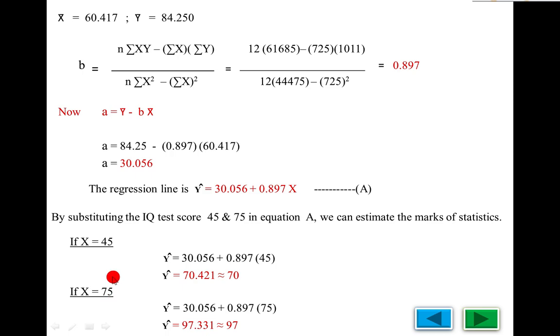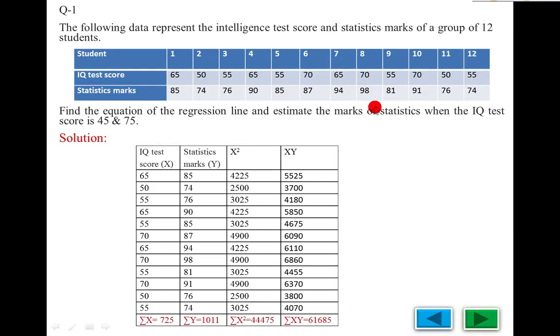If the value of x is within the range, for example, suppose you take any value like 55 or 65 within the range 50 and 70, or any unknown value, suppose 63 is not given here, 64 is not given here, but within the range, it is called interpolation.